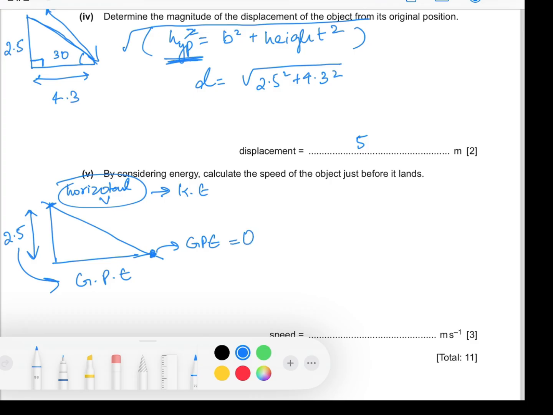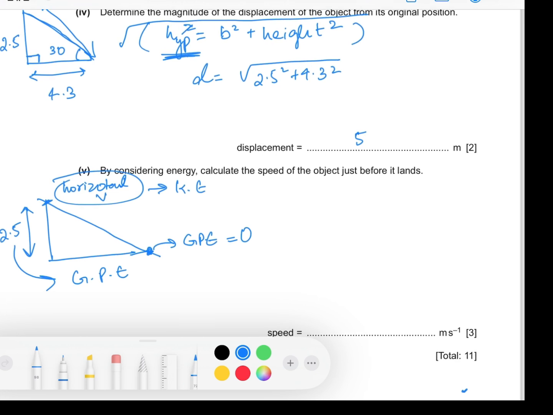According to the law of conservation of energy, energy can neither be created nor destroyed, and since we are not talking about energy lost in heat or work done against friction, all of the energy at the top must be equal to all of the energy at the bottom. Energy at the top includes kinetic energy plus the gravitational potential energy.